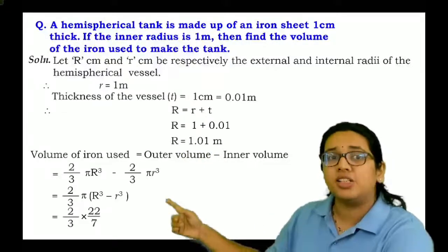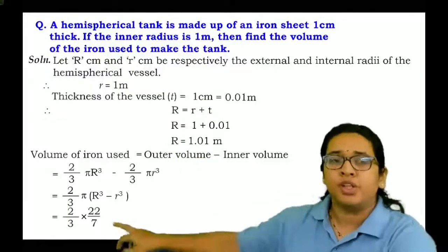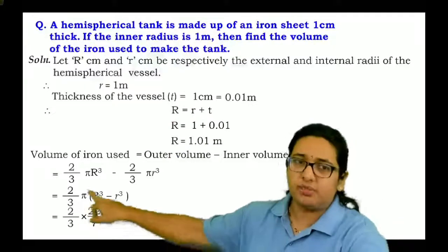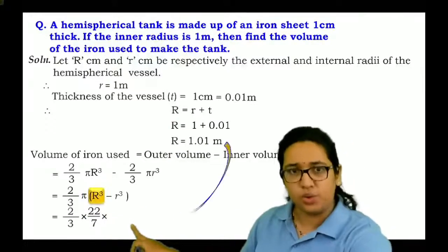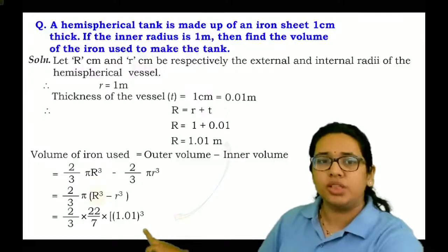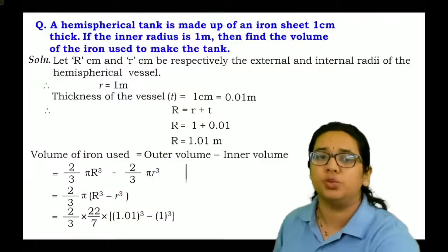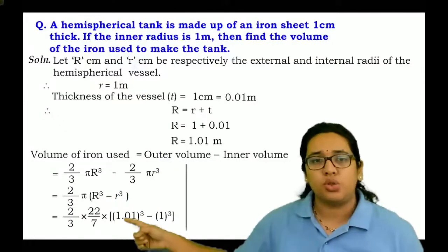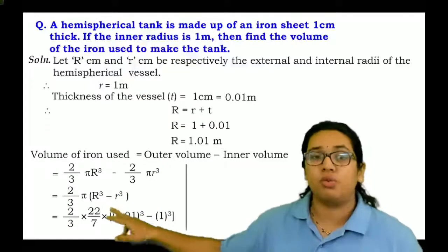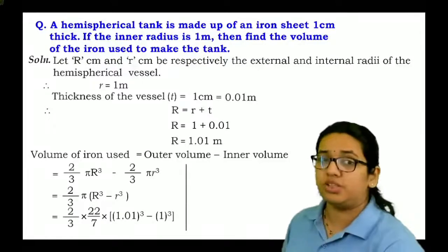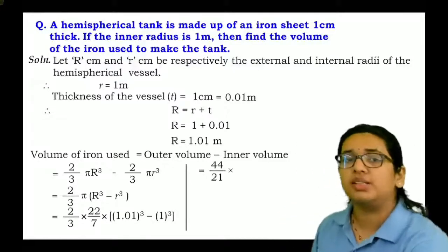1.01 and small r is nothing but 1. So we can write this as 2 upon 3 times pi into 1.01 cube minus r cube, that is 1 cube. So 2 upon 3 into 22 upon 7 into 1.01 cube minus 1 cube.